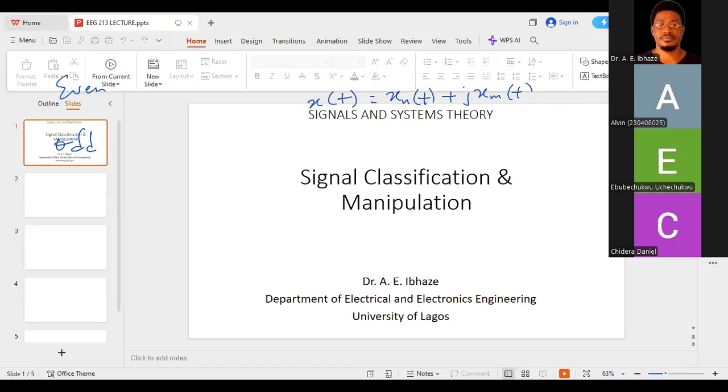And just like our friend asked, can complex signals be digital signals? I just said, well, yes, because we have complex digital signals, the same way we have complex analog signals. Because for us to make mention of these complex signals, it means that it has an even and odd component of the signal.